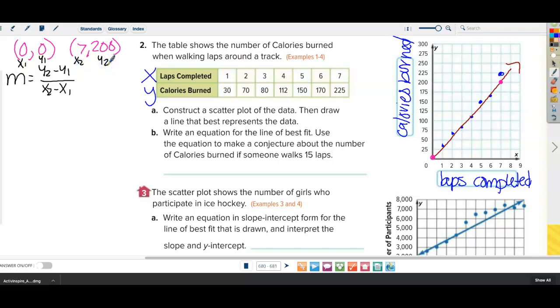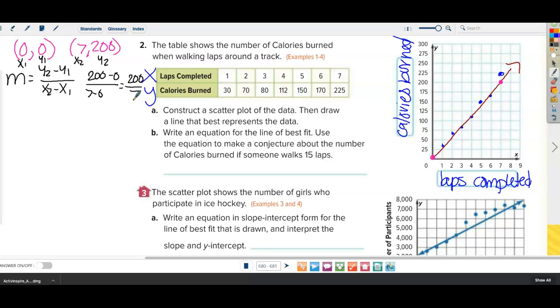So y2 is 200 minus y1 is 0, over x2 is 7, minus x1 is 0. So I get 200 over 7, and that would be my slope.